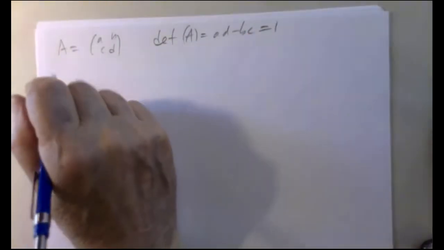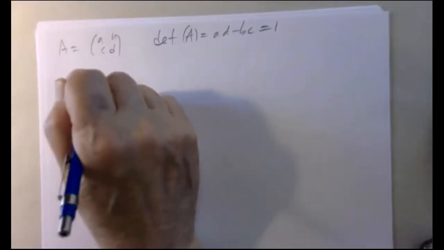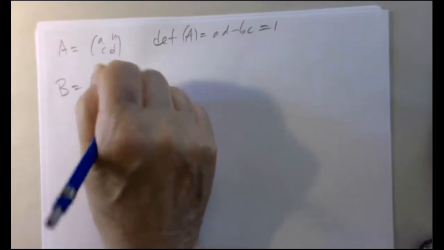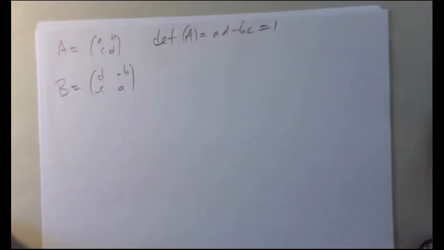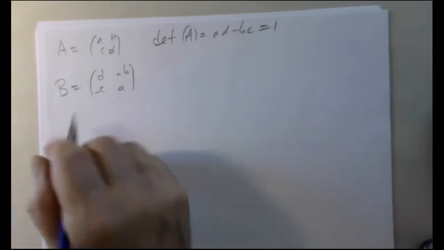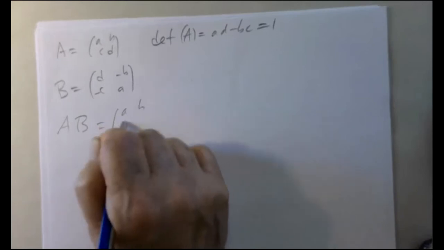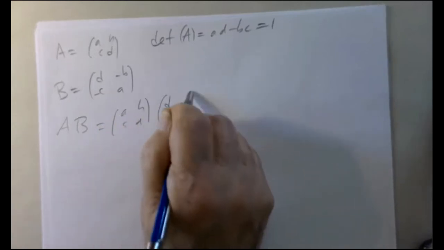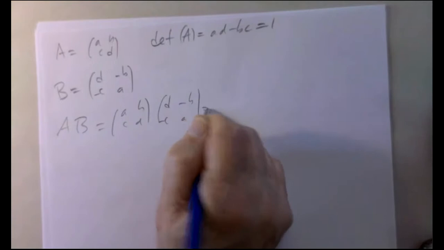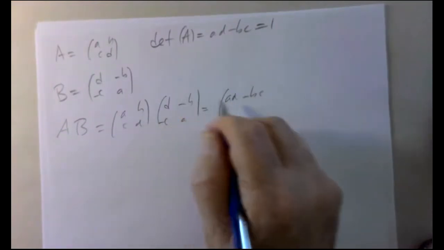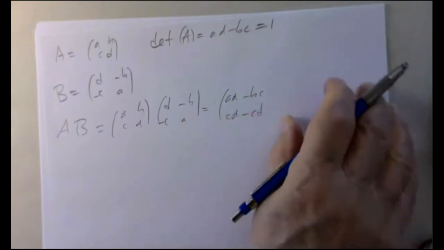In that case, suppose I let B be the matrix D, minus B, minus C, A. All right? I just picked that, it's a lucky guess if you like. So what is A times B? It's A, B, C, D times D, minus B, minus C, A. When I multiply, I get AD minus BC, CD minus CD.